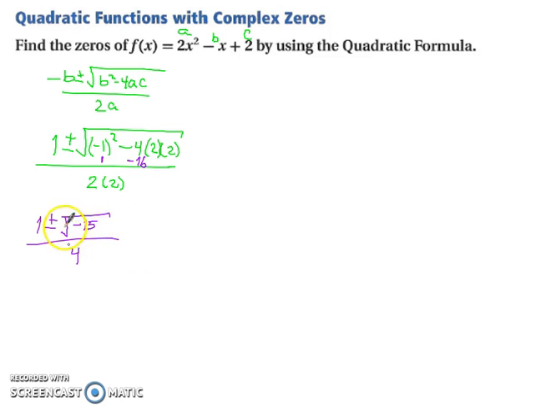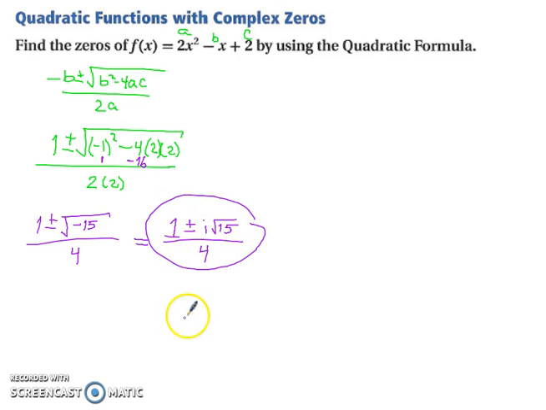Well, we can break the square root of negative 15 so that way we don't have a negative underneath. So we can rewrite this as 1 plus or minus i square root of 15 divided by 4. And since you can't simplify this any further, I'm alright if you leave it this way.